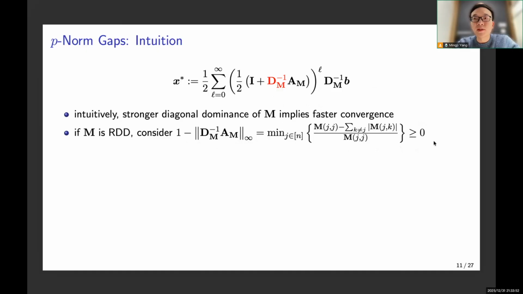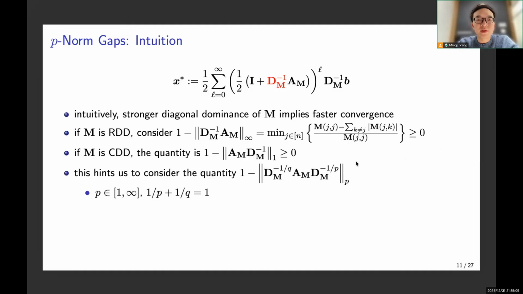This quantity is always non-negative, and the larger this quantity is, the stronger the diagonal dominance property M possesses, and also the faster the convergence will be. On the other hand, for the CDD case, the corresponding quantity would be 1 minus the induced 1 norm of A multiplied by D inverse on the right.